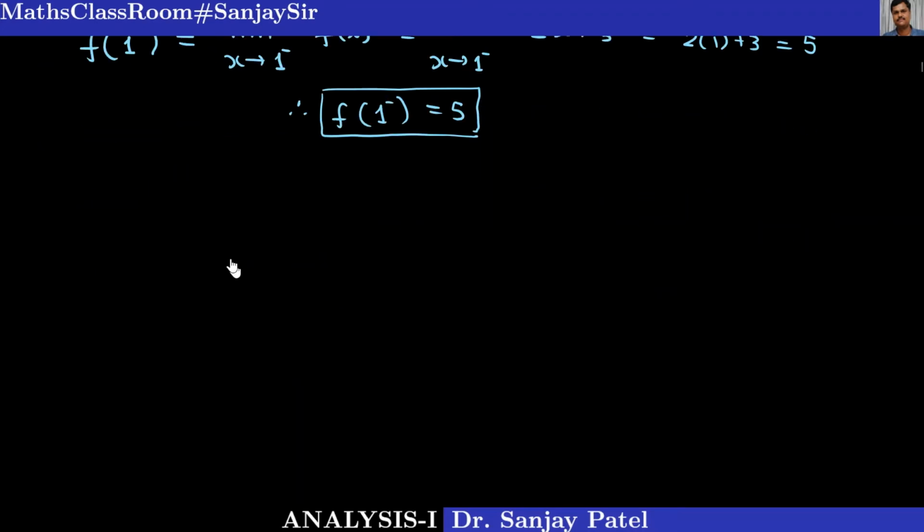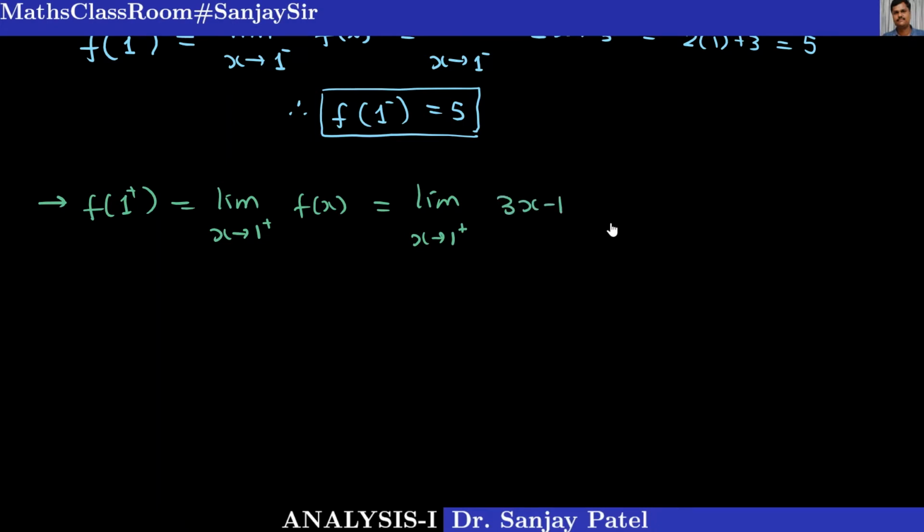Now the right hand limit. For the right hand limit, let us consider limit x tends to 1 plus f of x. That means x remains greater than 1 and is approaching 1. So what is f of x? f of x is given by 3x minus 1 when x is greater than 1, from our definition of the function.